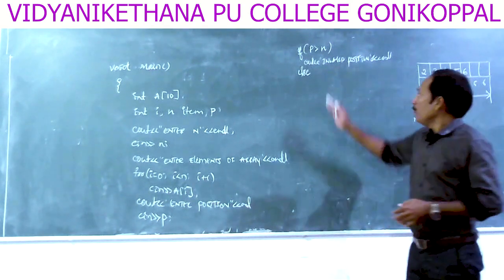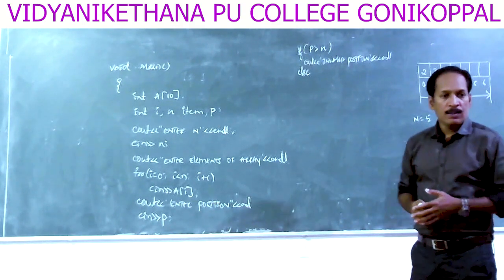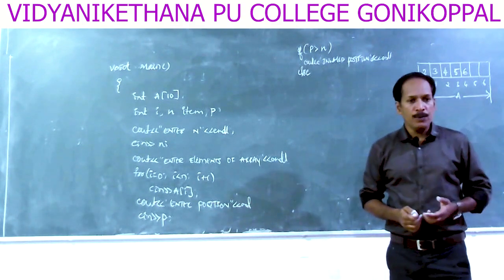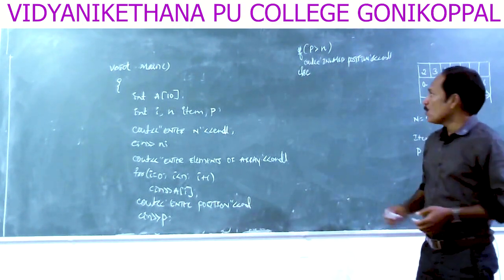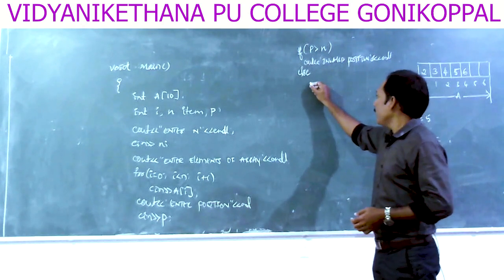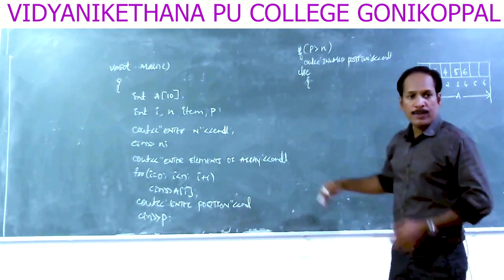So P should be less than n, which indirectly decides whether there is sufficient space to accommodate a new element. After this, let me use a flower bracket, because we have to repeat a compound statement.